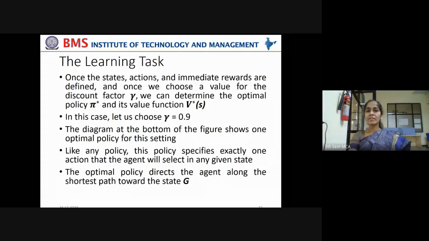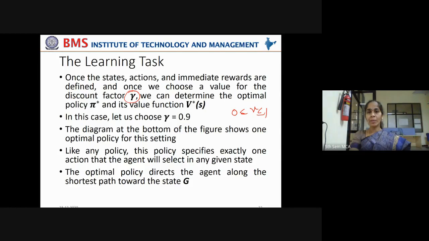Now, once the states, actions, and immediate rewards are defined, we choose a value for the discount factor gamma, which lies between 0 and 1. If you keep the discount factor minimum, then you are giving more importance to immediate rewards.